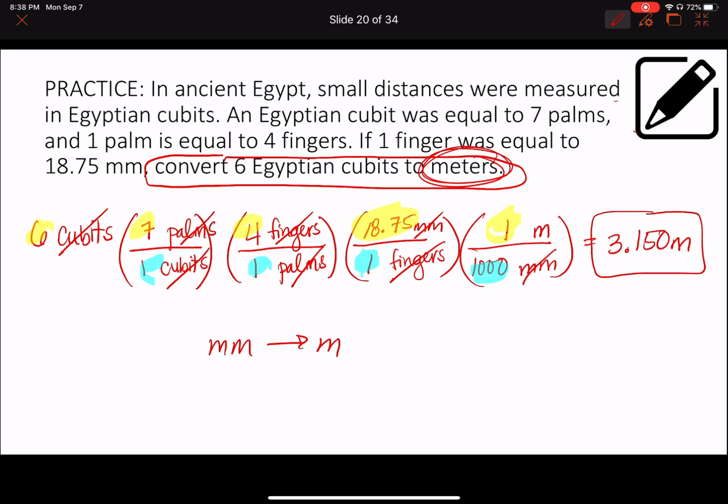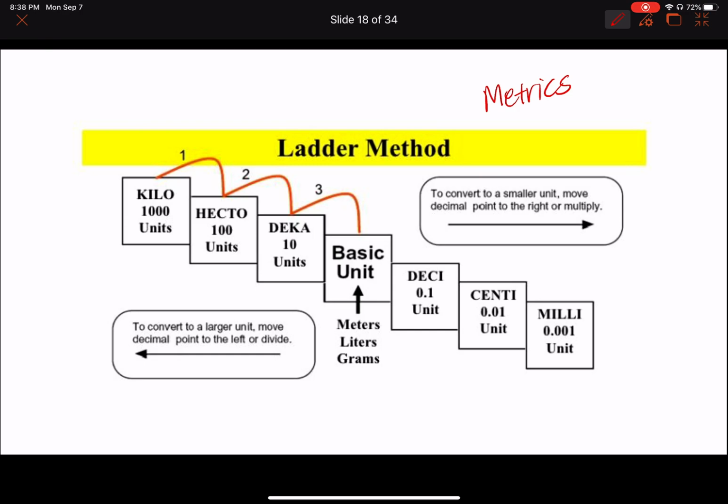And if you're sitting there and you're like, I don't know how much that is, then you might want to go the manual way, which is using the ladder method. Because you can do millimeters to meters that way, and you can even do any of these between each other. Some people memorize it really quickly and know it right away. Some people, even me, I forget, so I do the ladder method.